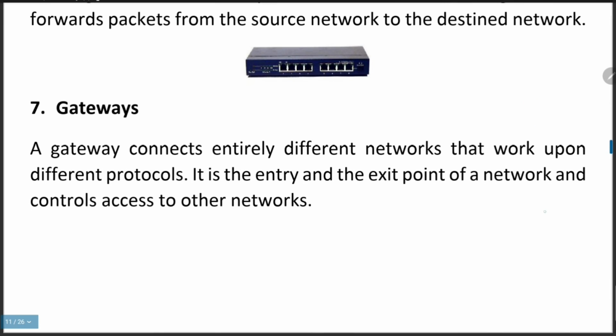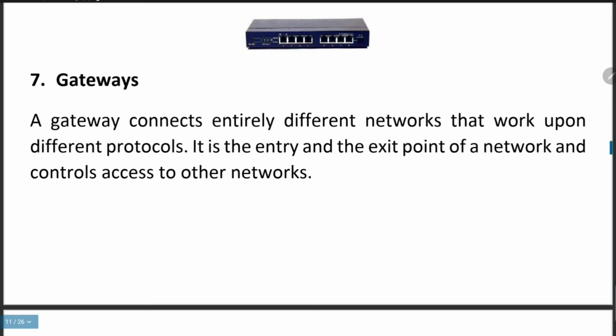The next device we'll discuss is what we call a gateway. A gateway connects entirely different networks that work upon different protocols. It is the entry and exit point of a network and it controls access to other networks.